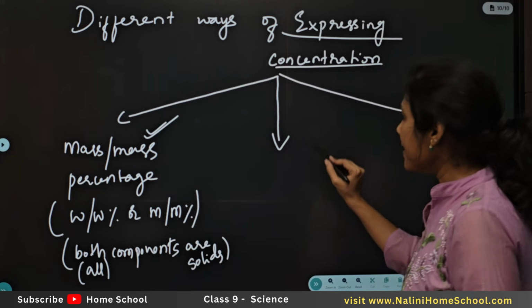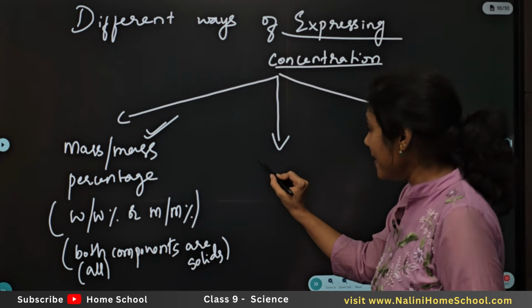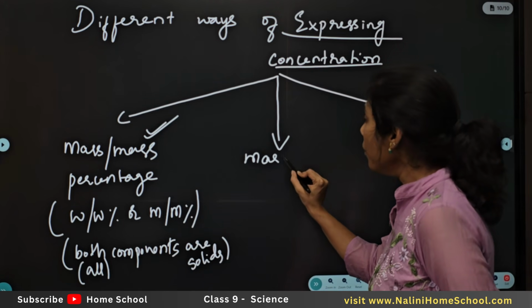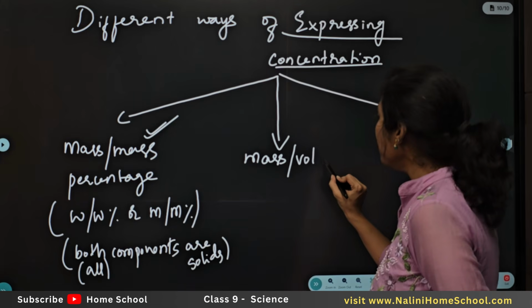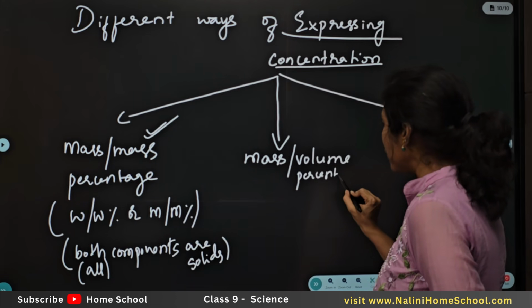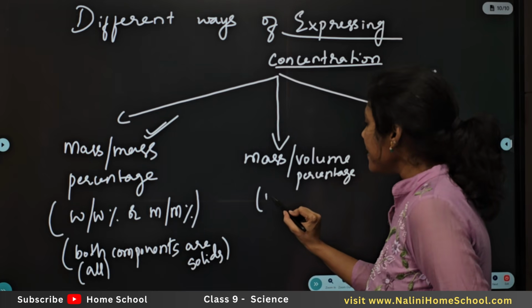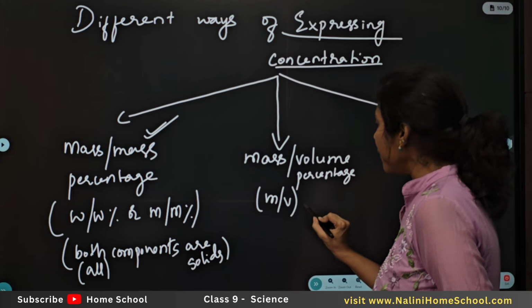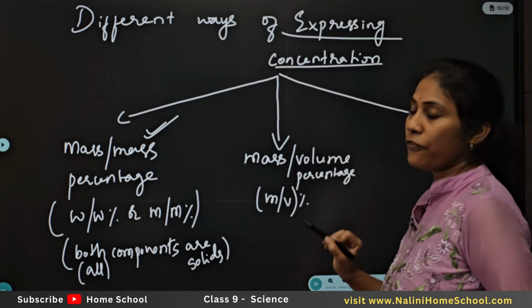And the next concentration term here is mass by volume percentage, guys. It can be represented as M by V percent. M for mass, V for volume.